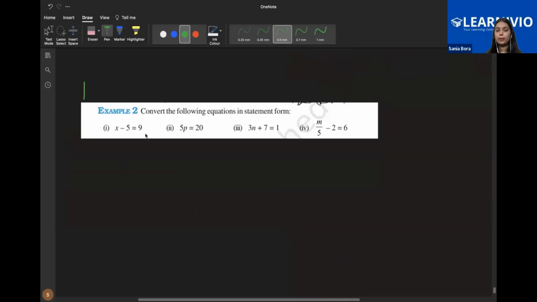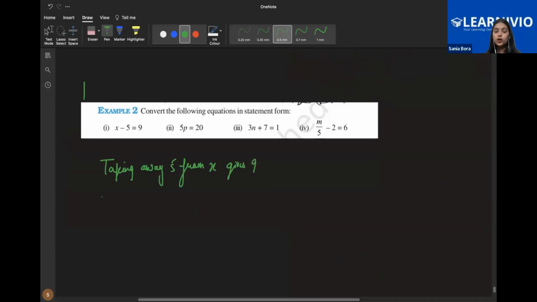Okay. You want me to give the hint for the first one? Okay. So you can write it like this. If we subtract 5 from any number x, we get 9. Or you can write taking away 5 from x gives 9.